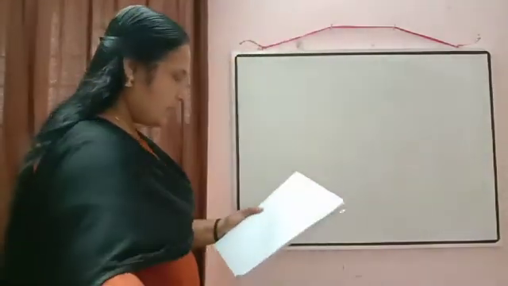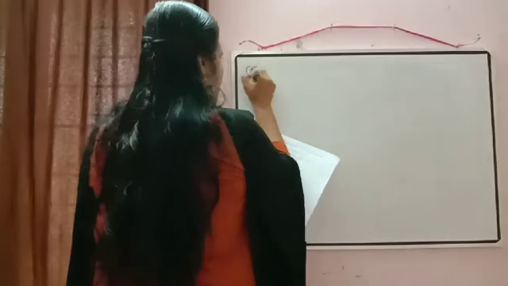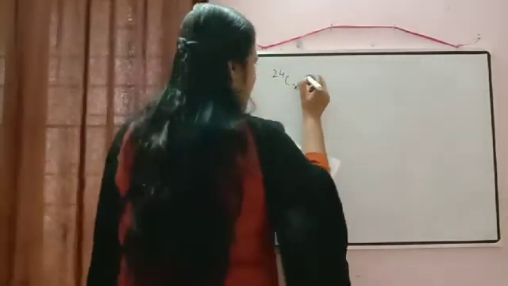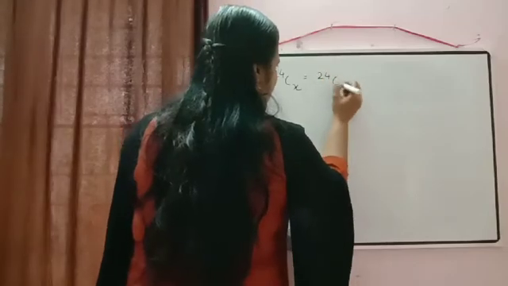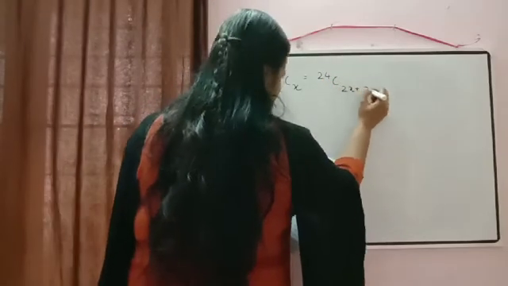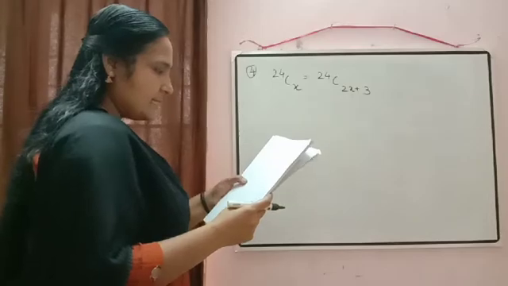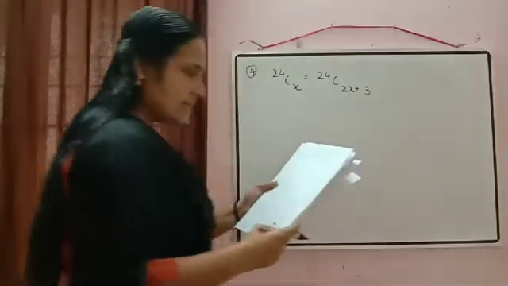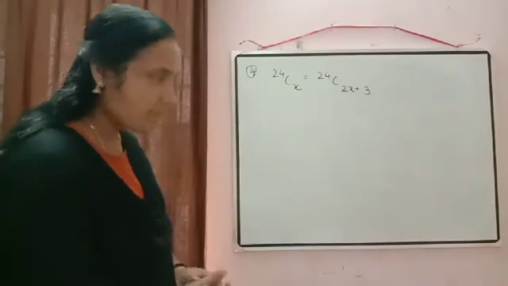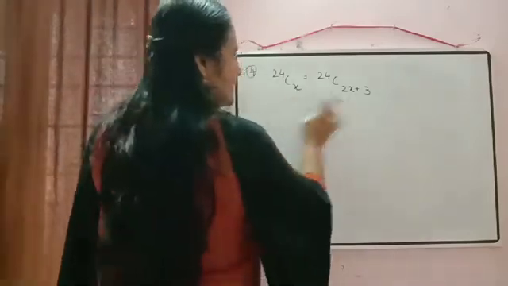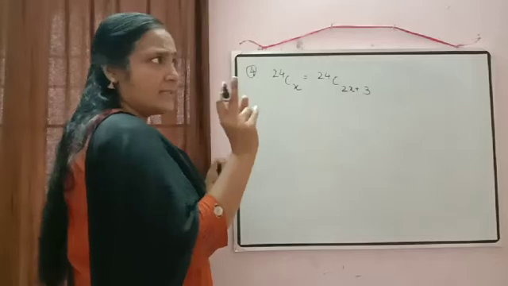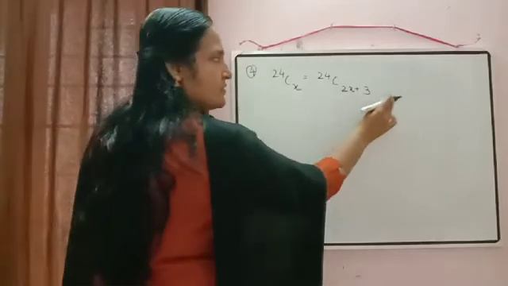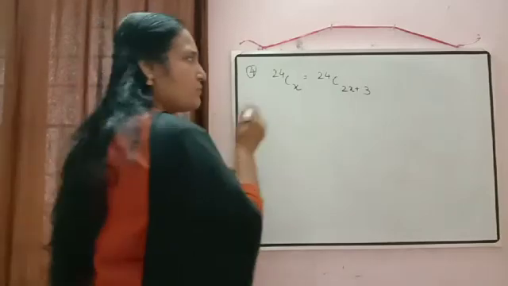If 24CX is equal to 24C(2X plus 3), then we have to find the value of X. So we know if this is the condition, then two conditions are there: either X will be equal to Y or X plus Y is equal to N. So both we will write.